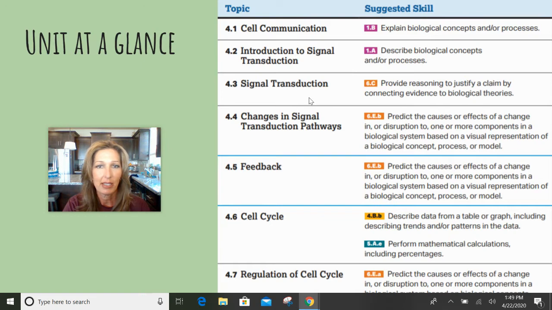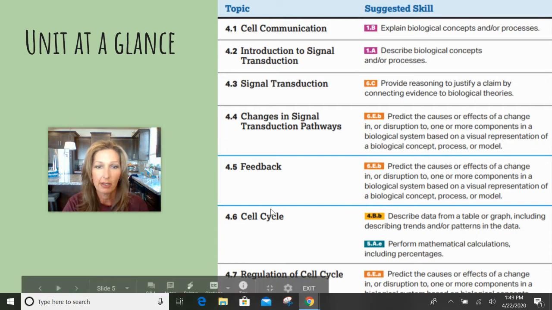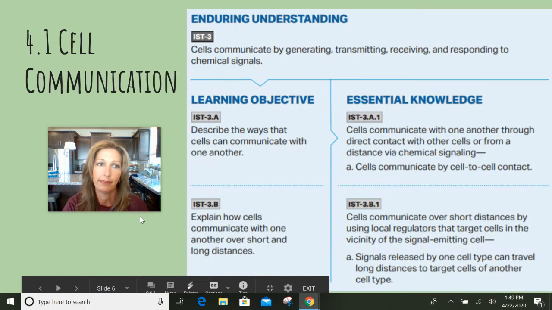We're going to understand the basics here, but it really is not anything too complex that we need to worry about, as long as you're understanding the basics of why do cells need to communicate, and you understand the 3 basic steps of signal reception, transduction, and then response. We'll talk about feedback, negative and positive feedback. We'll talk about the cell cycle, so making sure we understand our G1, our S, G2, and our M phase. And then we'll also talk about that regulation of the cell cycle as well.